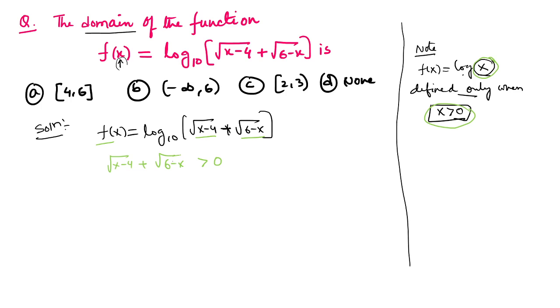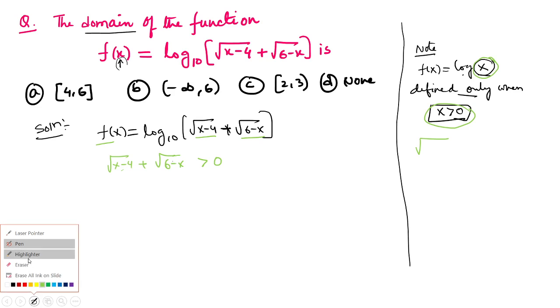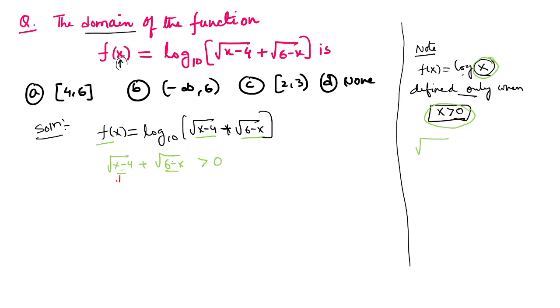Okay, second thing is the under root of something. The quantity under the root should be positive, right? We have to test whether x minus 4 and 6 minus x should be positive.